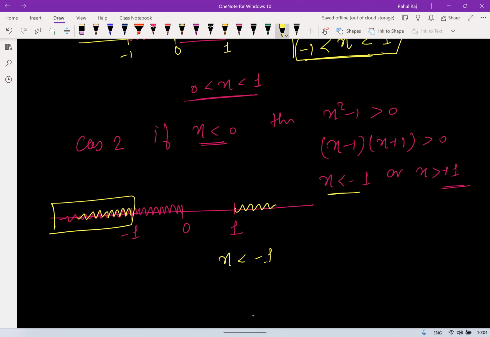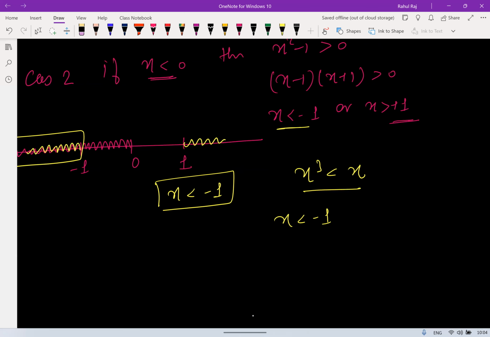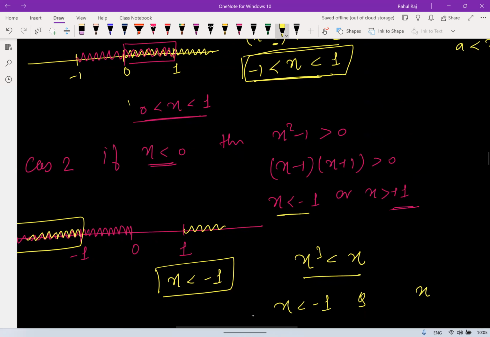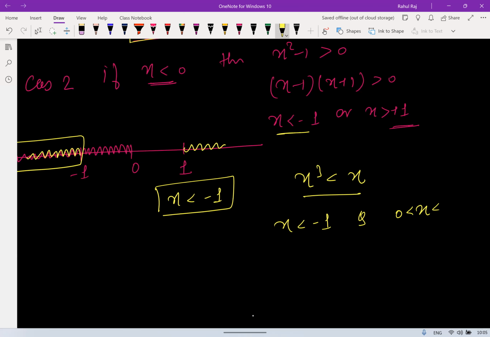It means that this will suffice for all the values x less than -1, and for the values x lies between 0 and 1. Agreed? Any problem there?